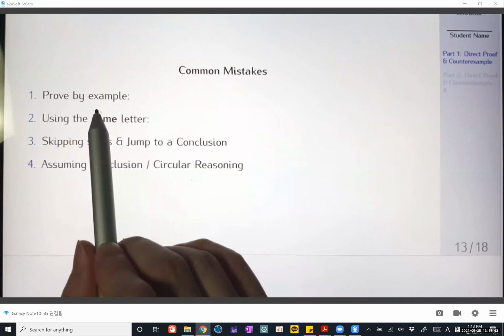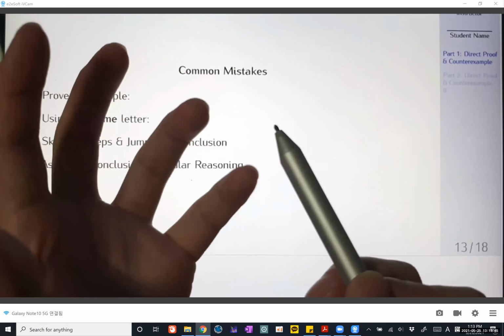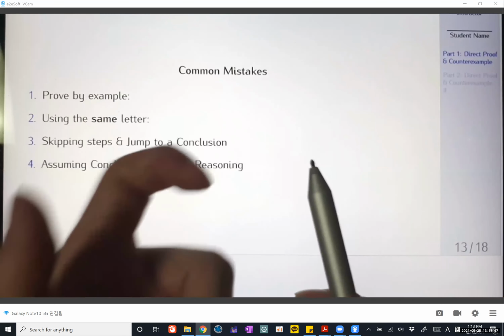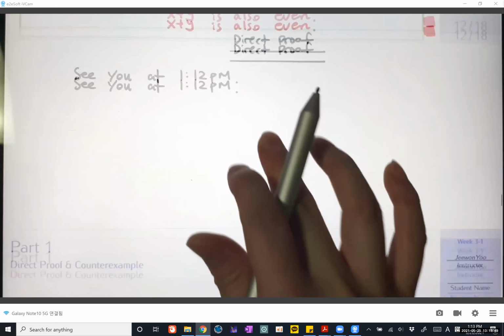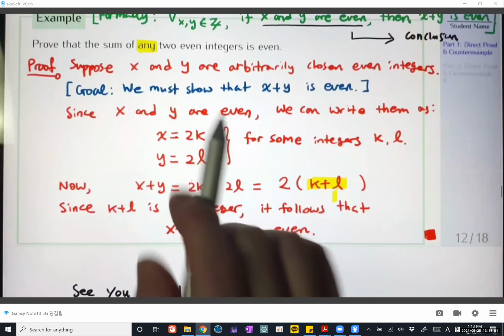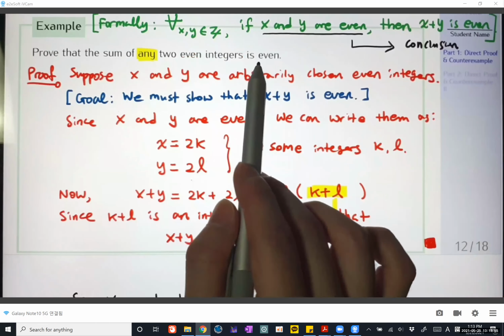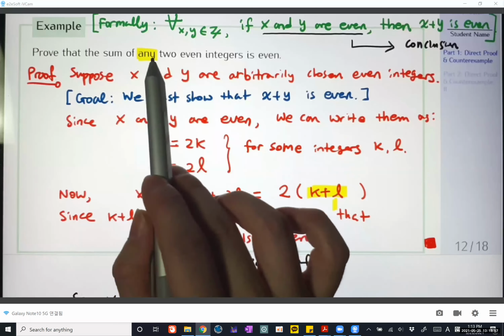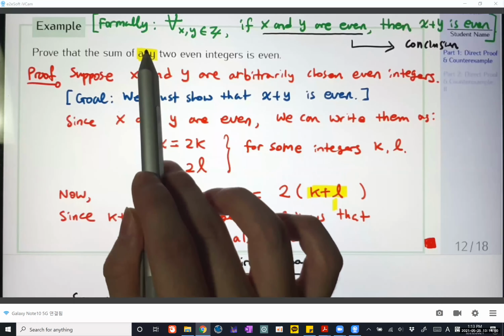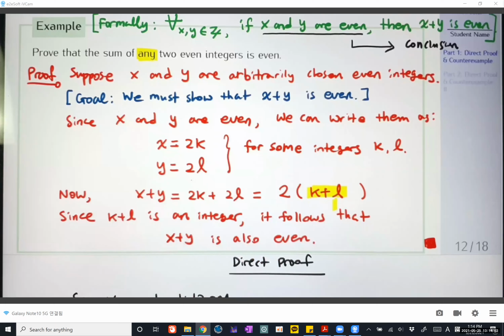Some people, when they prove a statement, they use examples. For example, when you want to prove the statement, the sum of any two even integers is even, they say, okay, I know one of them. Say 4 plus 6 is 10. Okay, I'm done.